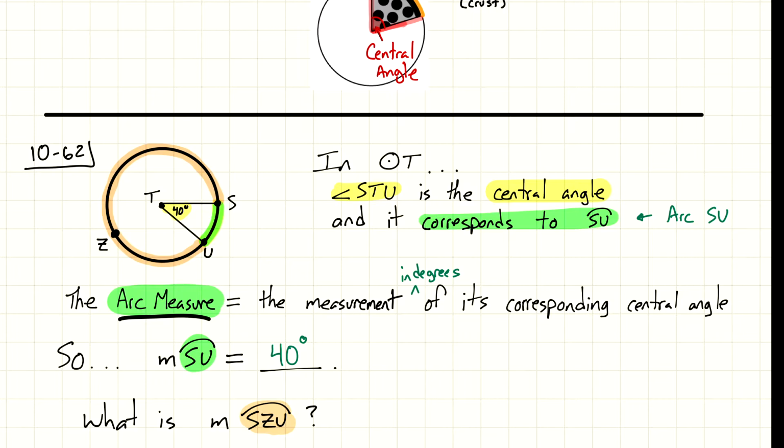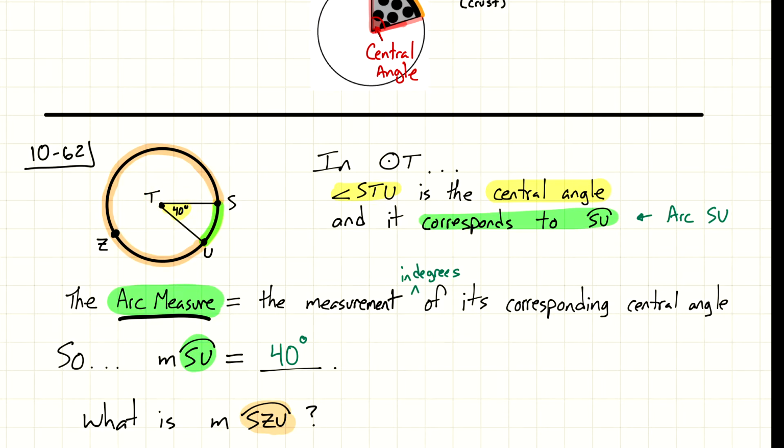To make the problem a little bit more challenging, I might ask you, what's the measurement of arc SZU? That means we're going from S to Z to U. I want to know what the measurement of that is. Well, if SU is 40 degrees and the full circle is 360 degrees, then what's remaining?